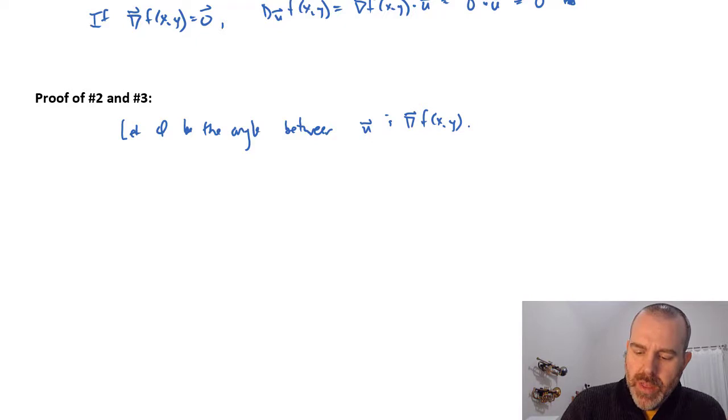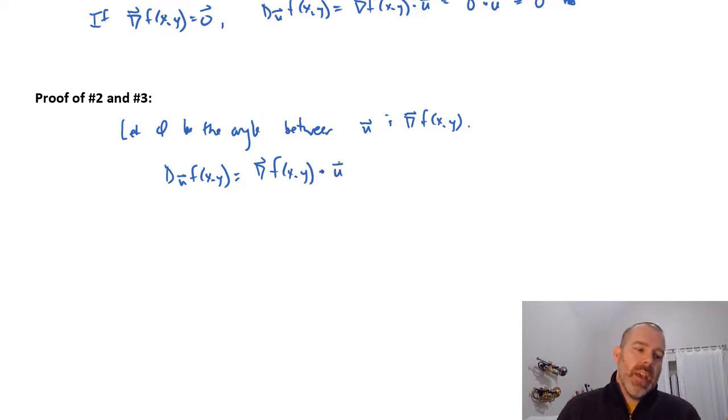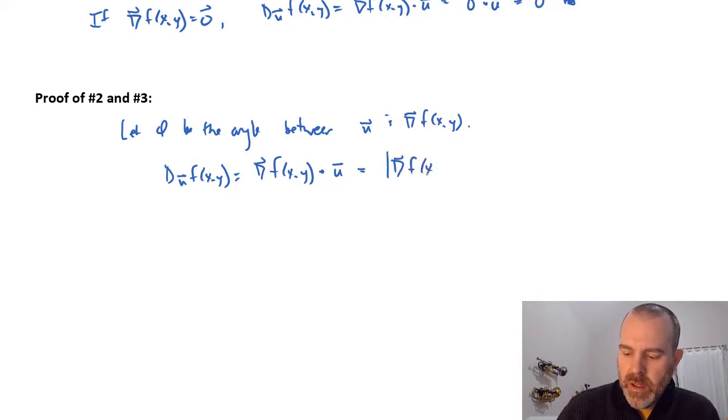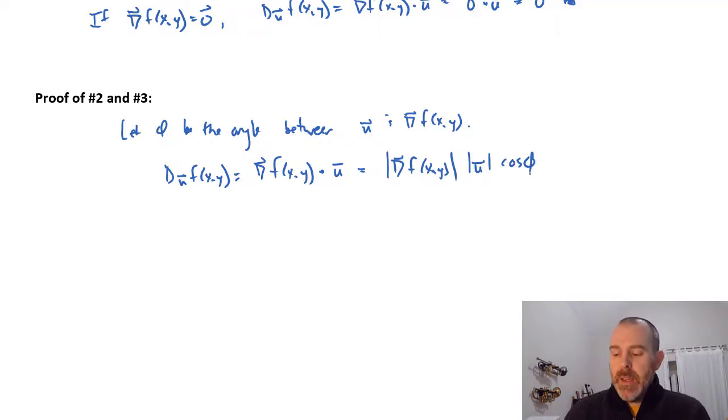We know that the directional derivative is the dot product of the gradient with the directional vector. And from our dot product, we know that this is the magnitude of the first vector multiplied by the magnitude of the second vector multiplied by the cosine of the angle between them.